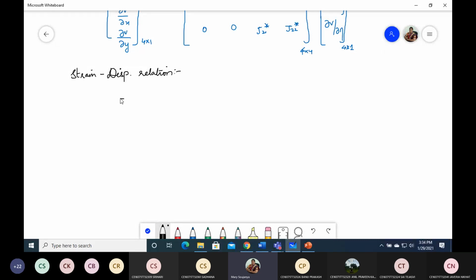Now, what is strain given by? We are talking about a 4-noded rectangular element as the parent element taken into the isoparametric concept.